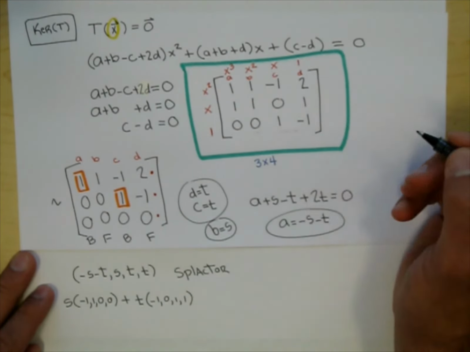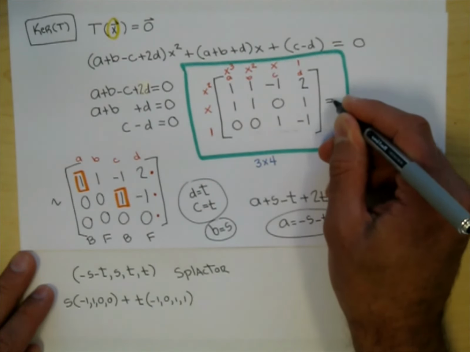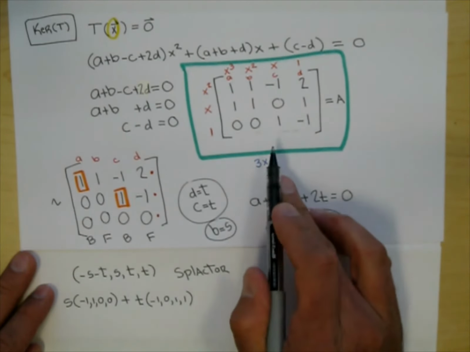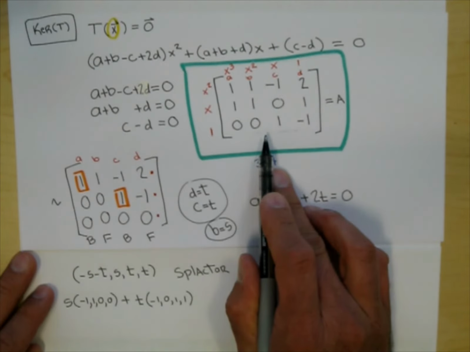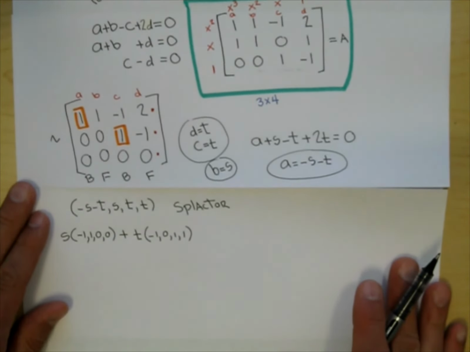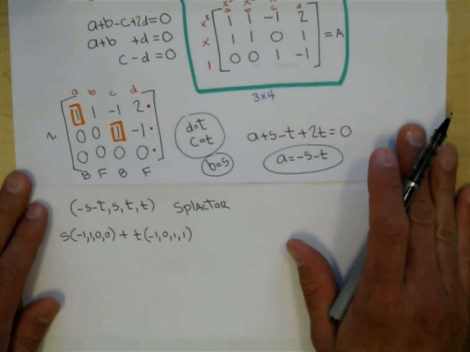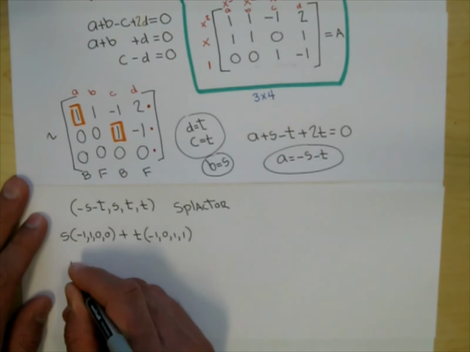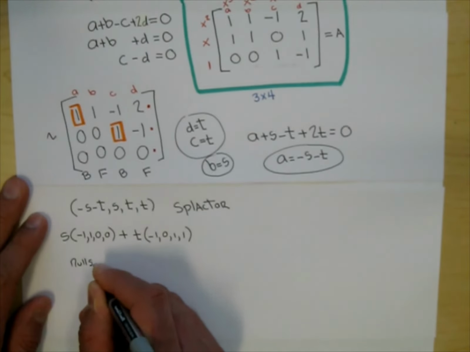So what did I find? Let's call this matrix here A. I found the null space of A. Now, is that going to be the kernel? No, it's not going to be the kernel of this one. It would be if we were going from R4 to R3, but it's not. Let's write out the null space anyway, even though it wasn't asked for.